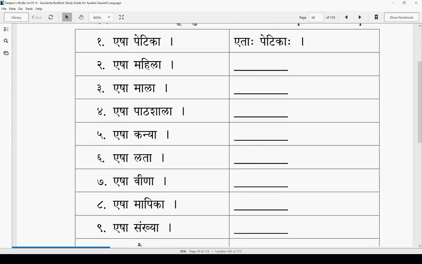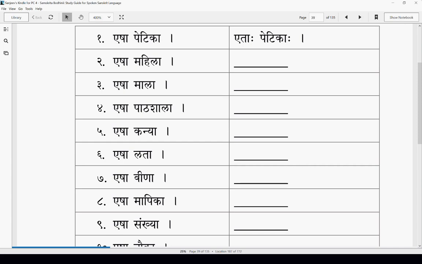So, any question, any meaning? Anybody want to know of any word here? Sankhya means? Anybody want to help? Number? Yeah, number. Sankhya is number. What else? Mala: garland. Pathashala: school.